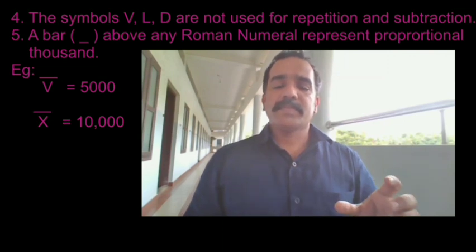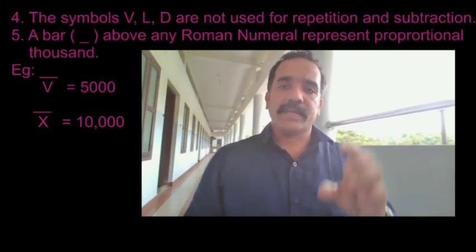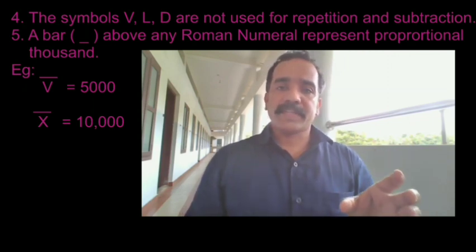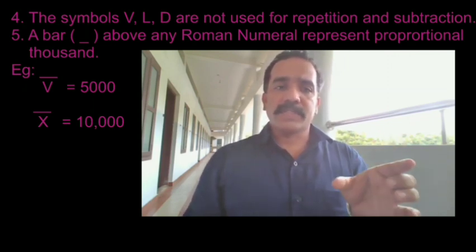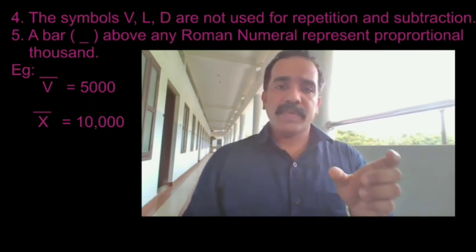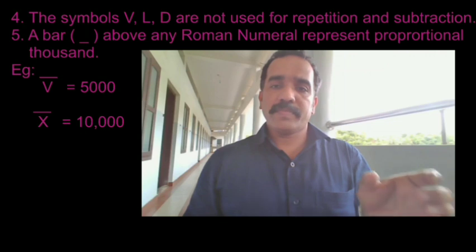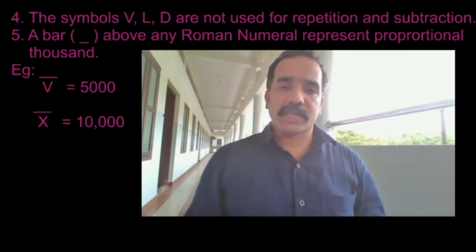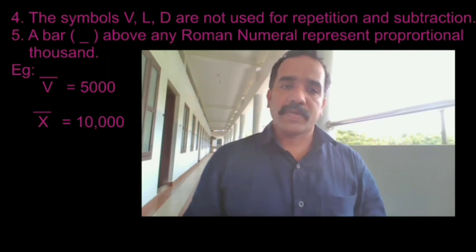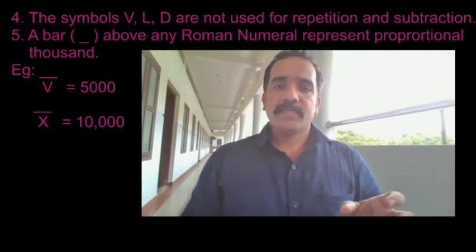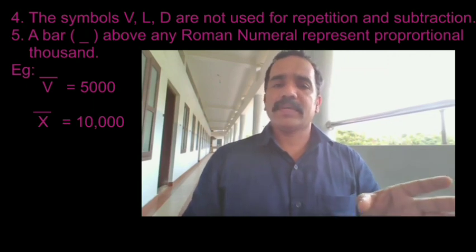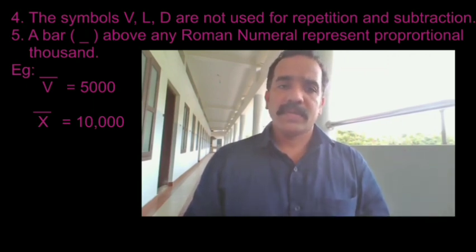Then the symbols V, L, D are not used for repetition. So these symbols you cannot repeat. For example, V you cannot repeat to make 10. VV is not 10, that is wrong. For 100, LL you cannot write. For 1000, DD, that is not possible.